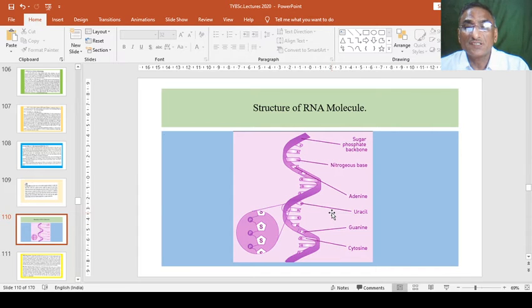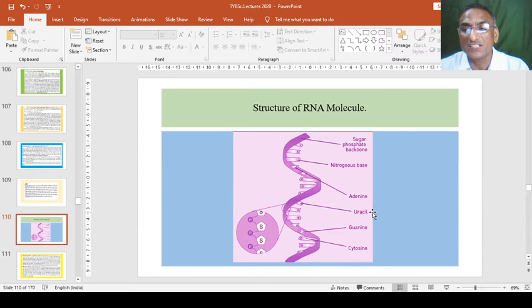and this diagram, taken from a website, shows a generally single-stranded RNA. The backbone is composed of ribose sugars and phosphate bonds. In addition, there are the 4 bases: adenine, guanine, cytosine and uracil.